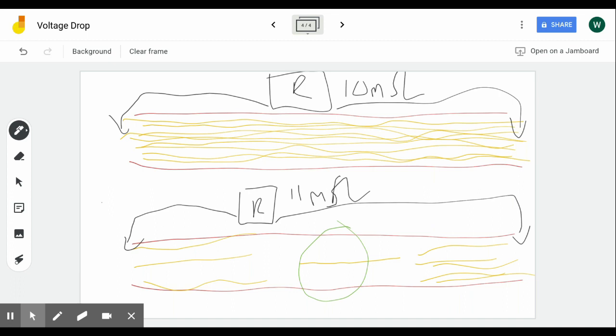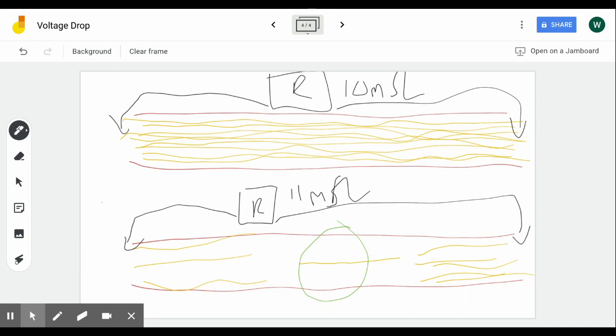The problem with this is, remember, voltage drop becomes more pronounced the more current we have flowing through the circuit. A multimeter may push out a couple of milliamps of current through the circuit, a very, very small amount. Remember, we talked about the fact that a starter circuit can pull hundreds of amps of current.